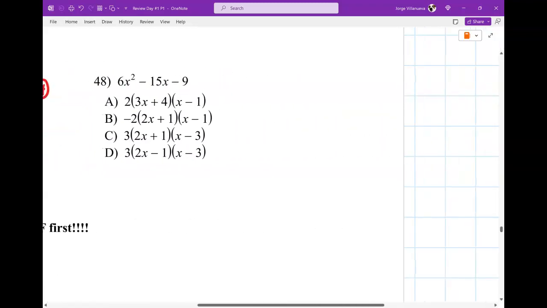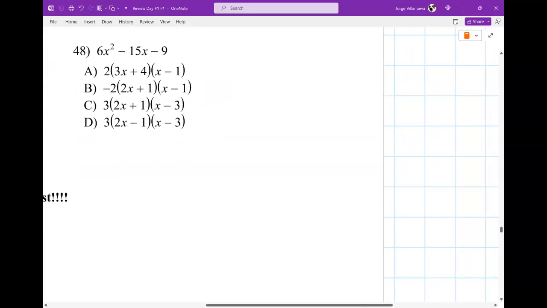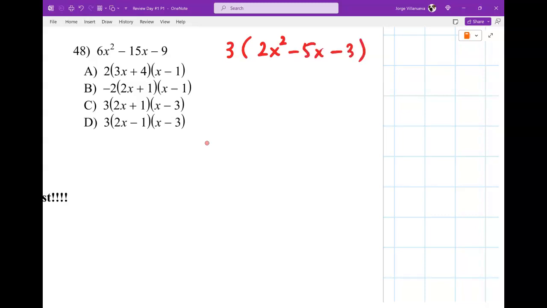48, you can factor it right now, but you should hopefully remember that anytime you do factoring, the very first thing you try is greatest common factor. These have a greatest common factor. What number can divide all the other numbers? 3. A 3. So that means this is 3 times 2x squared minus 5x minus 3.